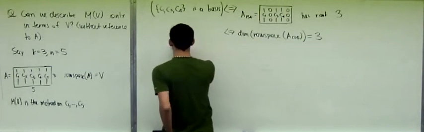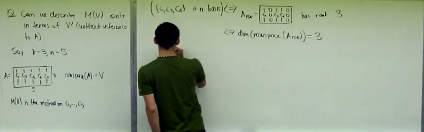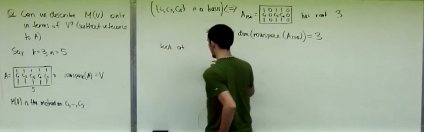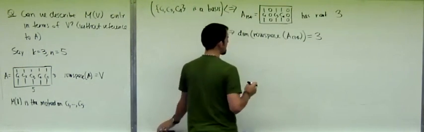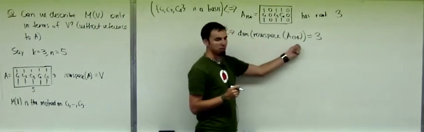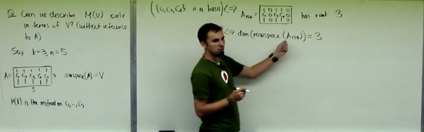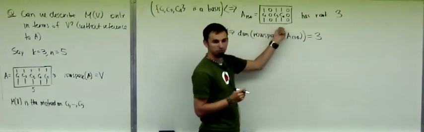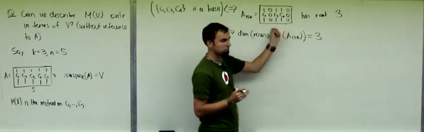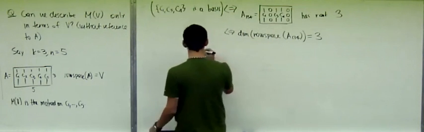Because I can say, look at the projection. Basically, the row space of A134 is the projection into the coordinates 1, 3, and 4. And that's what I'm going to justify.